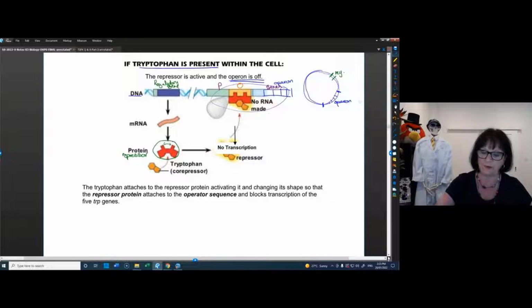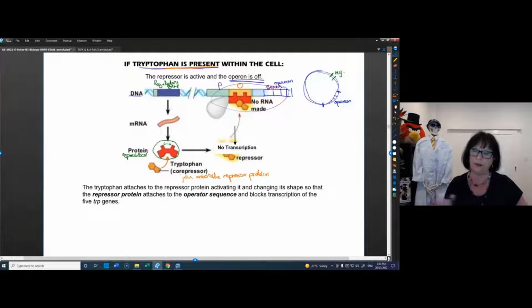Okay, so when tryptophan is present, here's some tryptophan. The tryptophan will join onto the repressor protein. So when tryptophan is present in the bacteria, which means it's in the environment, it's moved into the bacteria, it attaches to the repressor protein.